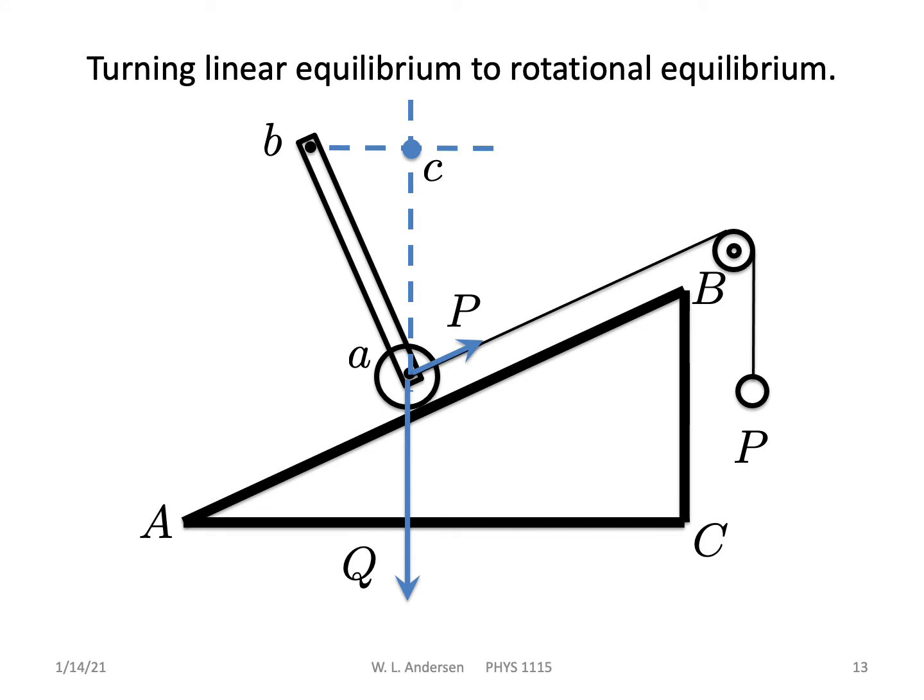I'll put the Q down there, so that arrow and the letter Q represent the action of the weight of the object Q.